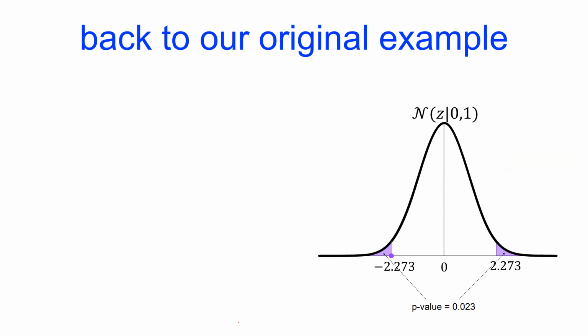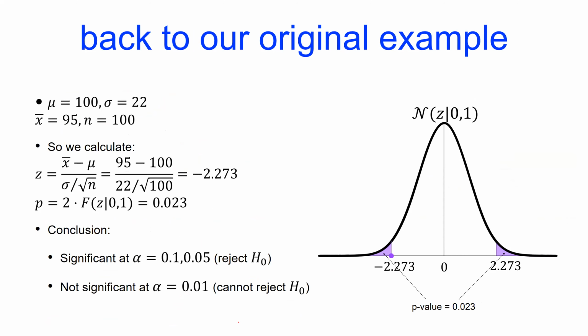So now let's see one. Actually, we get back to our original example here. Recall our example: we have a factory as our supplier. The factory claims all our widgets follow the specification, with a population mean of 100 and a standard deviation of 22.